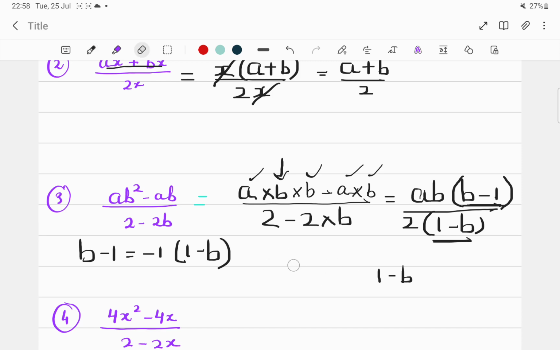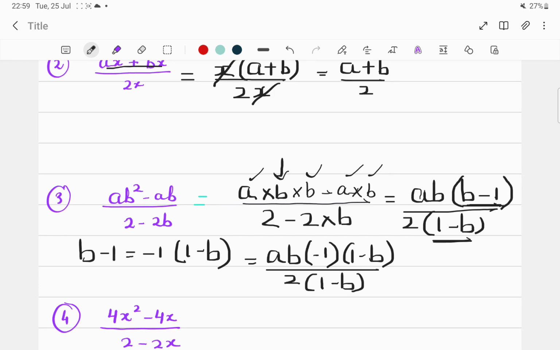So now if I write it this way, it would be ab times minus 1 times (1 minus b) in the numerator, and in the denominator 2 times (1 minus b). So 1 minus b and 1 minus b cancel. We got negative ab divided by 2 as the final answer. Please focus on this a lot.